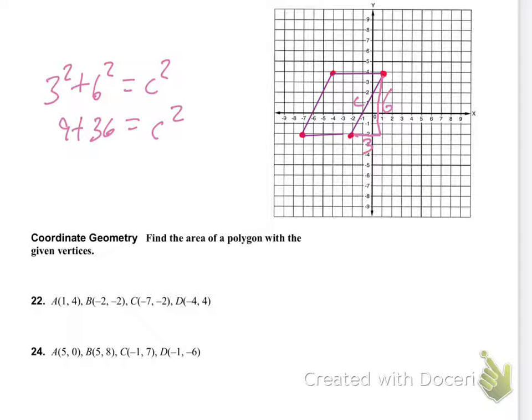That gives me 45, so I have to take the square root of 45, which is 6.7, so c would be equal to 6.7. This is on number 22, so this right here is 6.7.